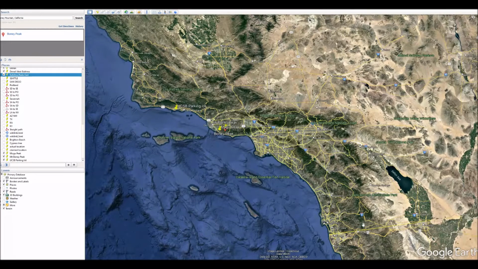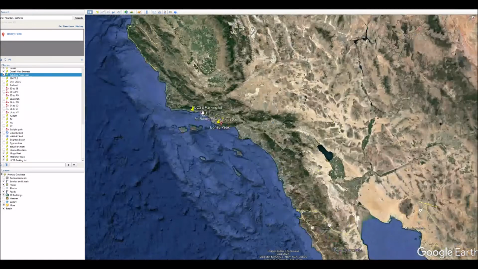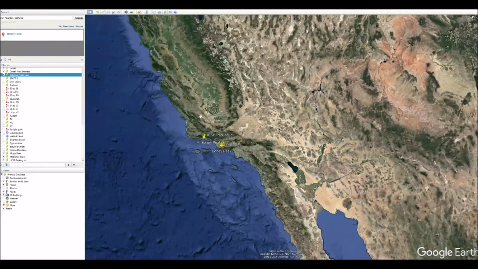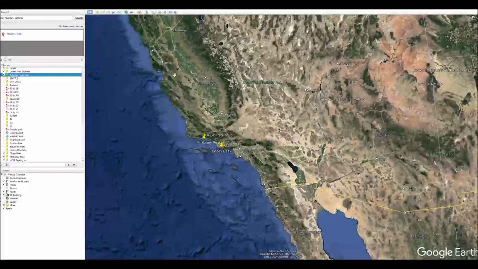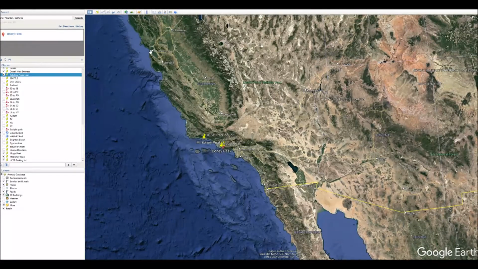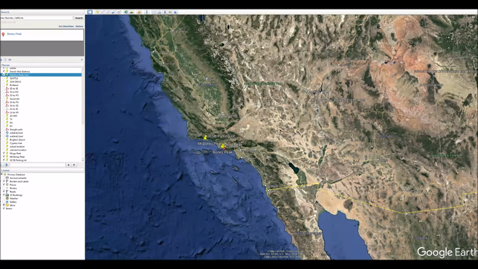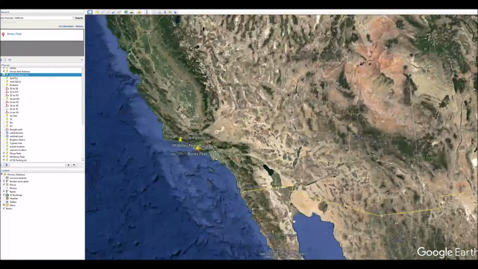What you see all along here is called the coastal range, the California coastal range. And the San Andreas Fault, which is responsible for that coastal range, runs right where I'm moving the mouse. You see it coming as a straight line right down through and right out through to Baja California.